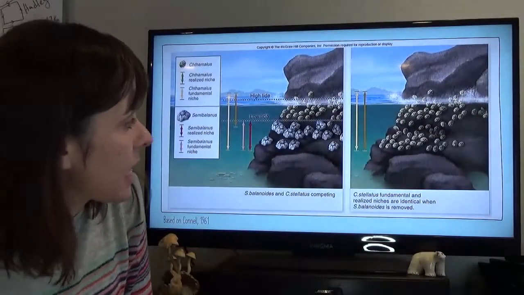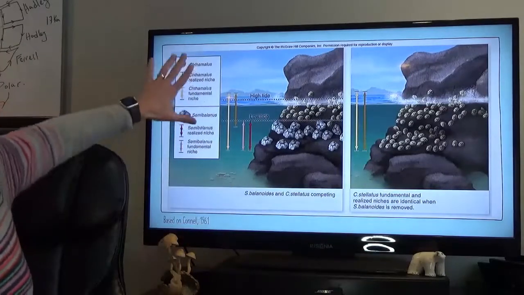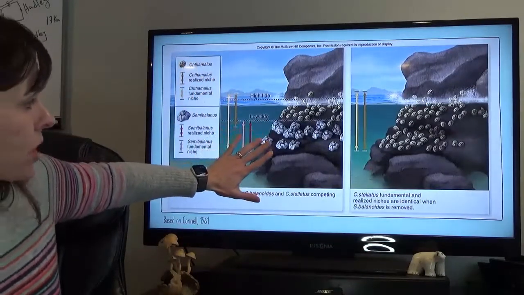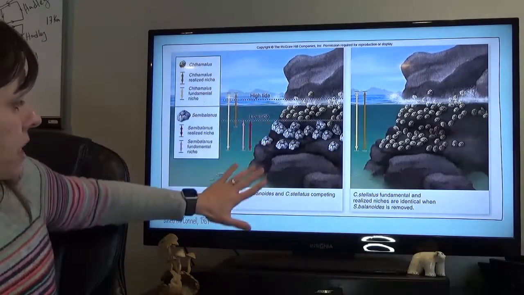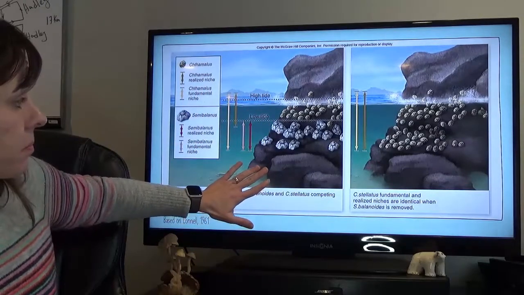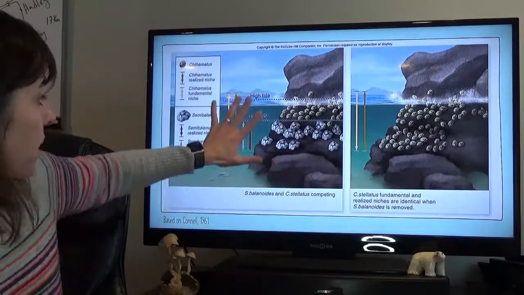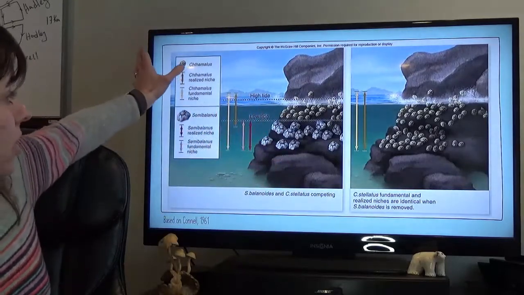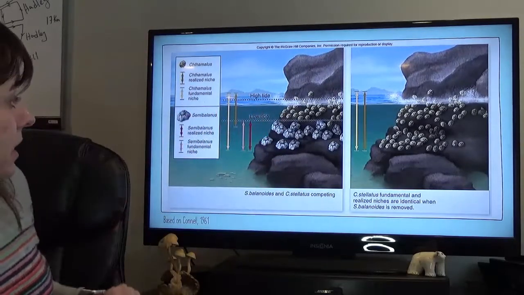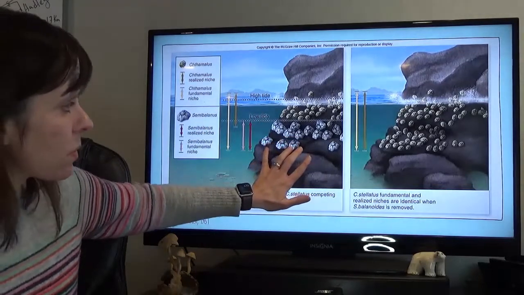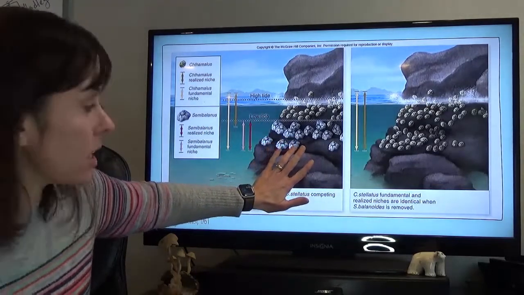This is sort of a classic example where we can look at the distribution of these different barnacles in intertidal zones. And so we have two species of barnacle, Thalamus and Semibalanus. And Semibalanus is the large ones down here below the low tide mark.